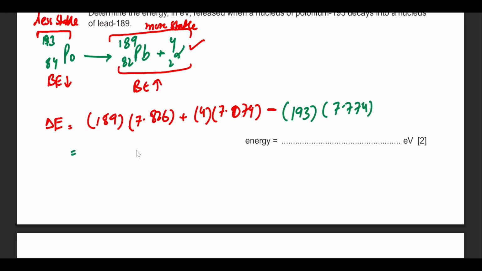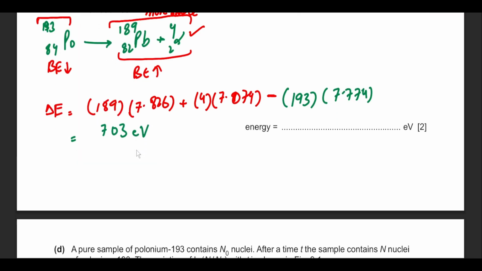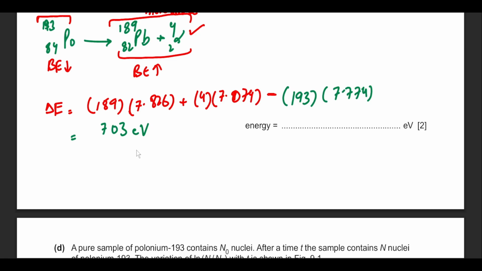And this comes out as 7.03 electron volts per nucleon, or the total energy that has been released in the process.